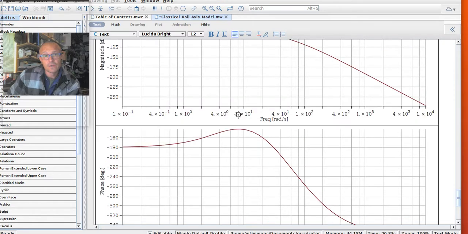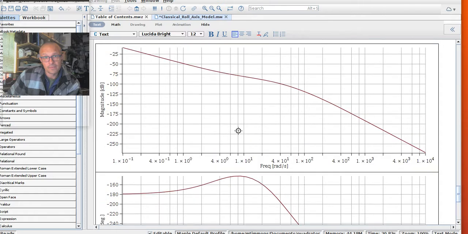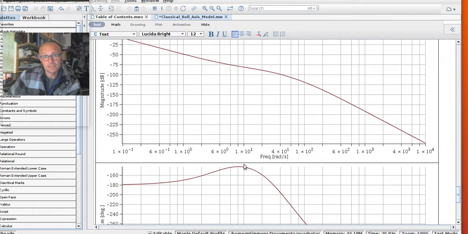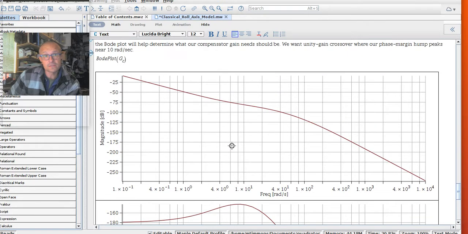So this picture tells us that, okay, we're going to want to pick unity gain. So we need 75 dB of gain because we're at minus 75. So we need about 75 dB of gain in order to have unity gain crossover where this peak is, and that happens to be at 10 radians per second as a crossover frequency.